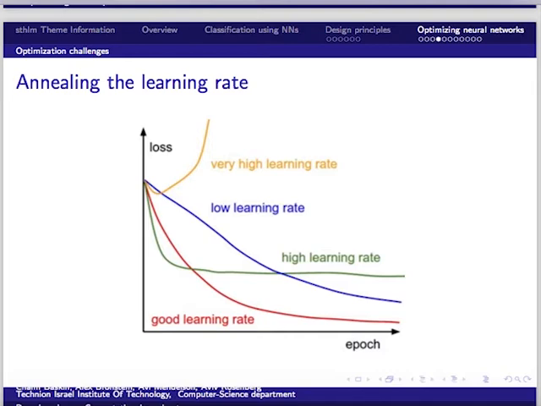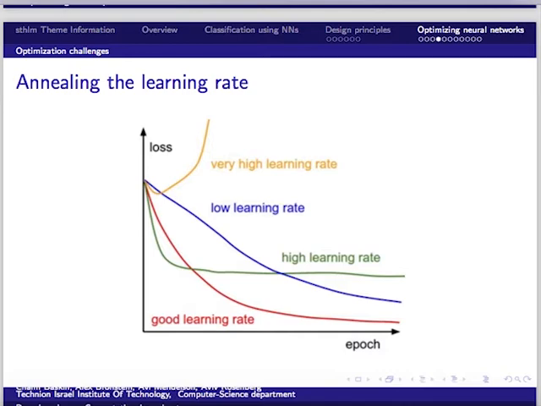A low learning rate will behave as presented in the blue curve, and a very high learning rate will make you diverge very quickly.